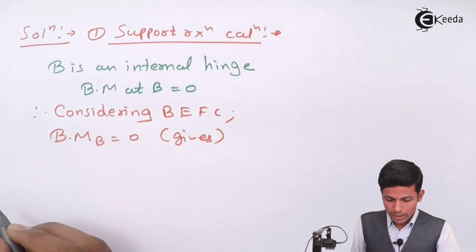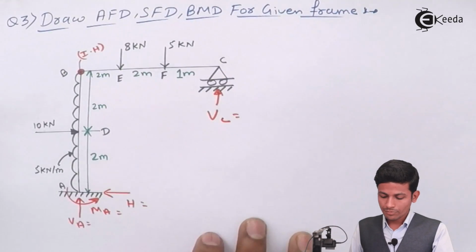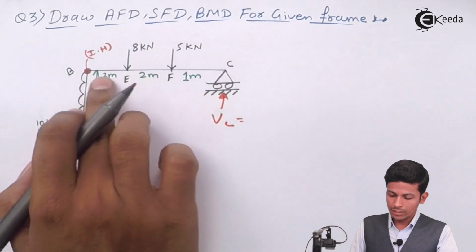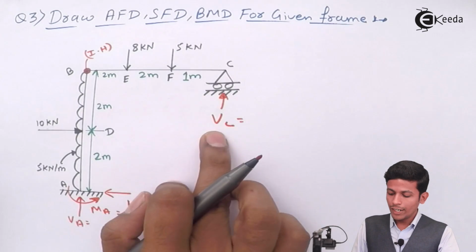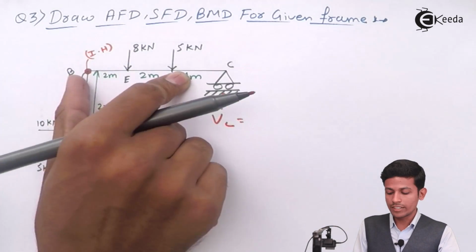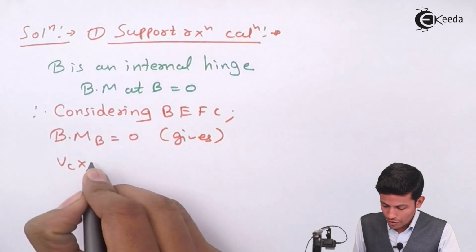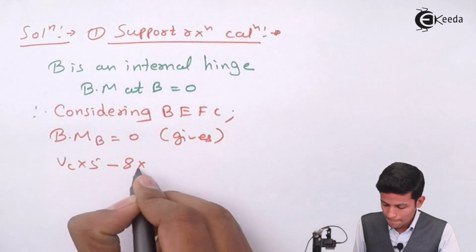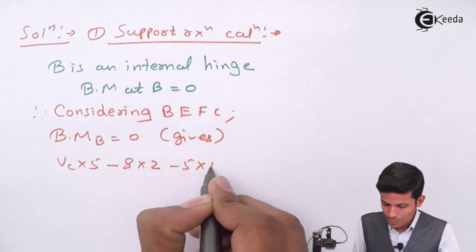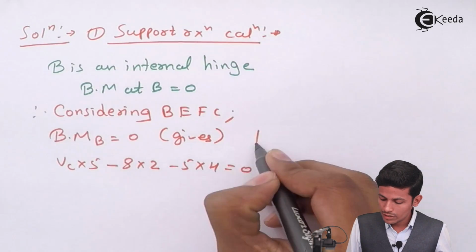Bending moment gives, see, this plus VC into this distance minus 8 into this distance minus 5 into this distance. VC into 5. Follow the sign convention like this.